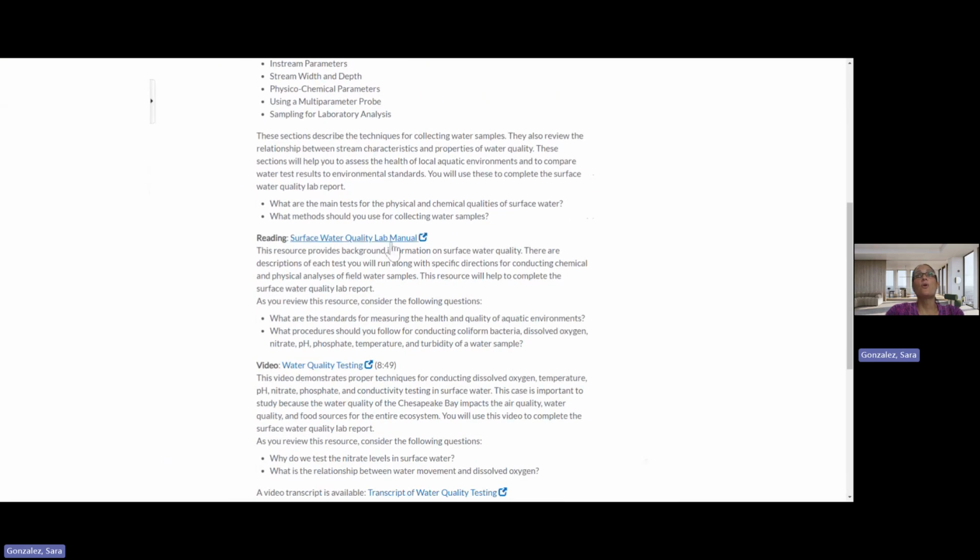There's also a surface water quality lab manual to look at, and when you're reviewing that, you might want to ask yourself some questions about what some specific standards are. Each state, each region, maybe each county might have different water quality sampling rules and standards, so you might want to get familiar with some of your local ones. Also consider what you're going to be sampling for: pH, phosphate, temperature, nitrites, fecal coliform bacteria, or something else?